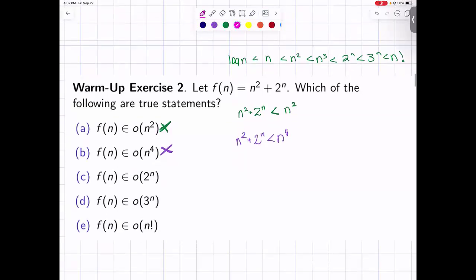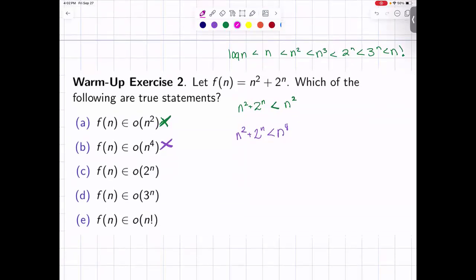Now here's the one where we're going to really see what the difference is with that strictly less than. So right here we have n squared plus 2 to the n strictly less than 2 to the n. Now, if this was a big O, we would be able to pick an m value right here where this could be true.